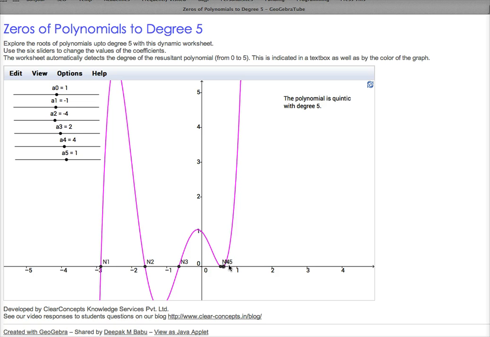What are the zeros of a polynomial of degree 0? Any thoughts? It's a little difficult to say this simply because you could look at it in many different ways.